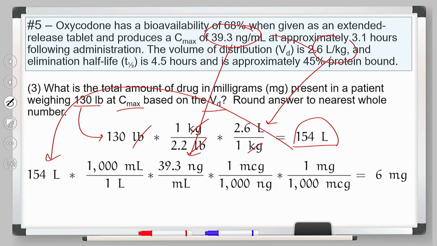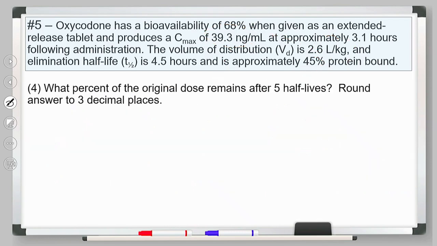But like we did before, liters is no good, so let's multiply by 1,000 to get milliliters, so that when I multiply by my concentration, my Cmax of 39.3 nanograms per milliliter, milliliters will now cancel, and I'm in nanograms. Divide by 1,000 to get micrograms, divide by another 1,000 to get milligrams, and we see 6 milligrams is our final amount there. All right, there we go.